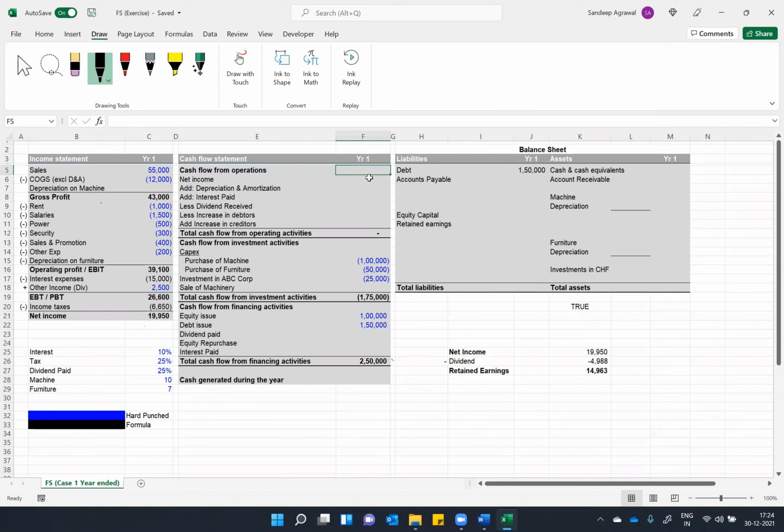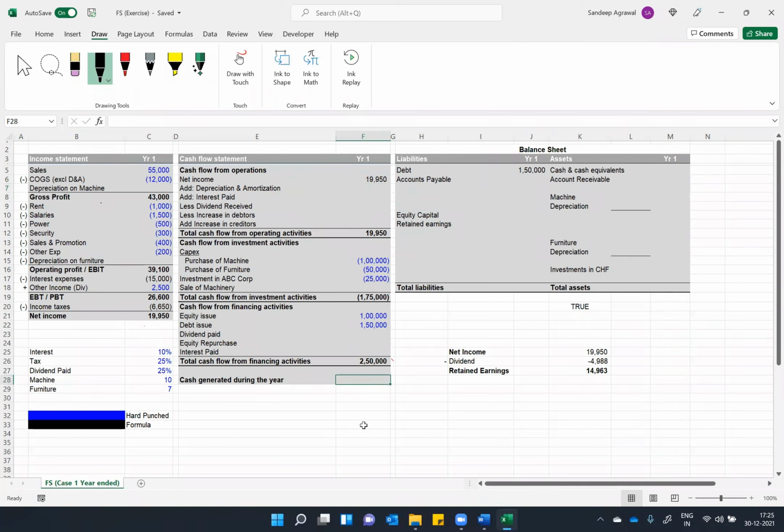So as we discussed in cash flow, we carry forward this net income to the cash flow from operations. This is how it will look once we link this net income to the cash flow from operations.